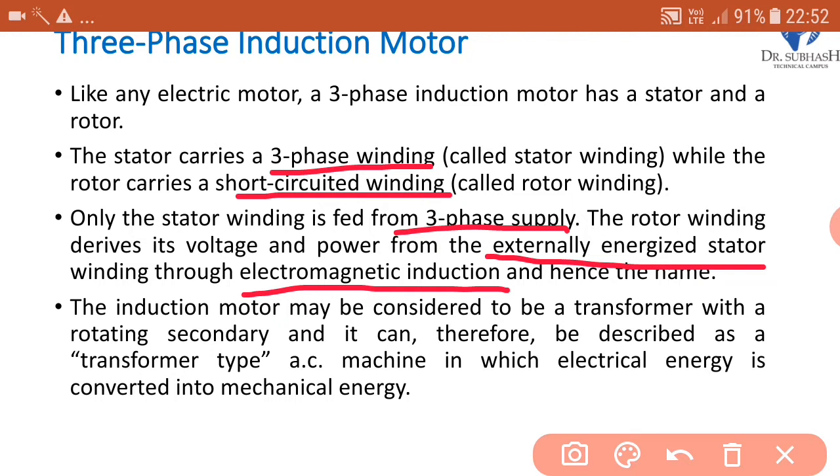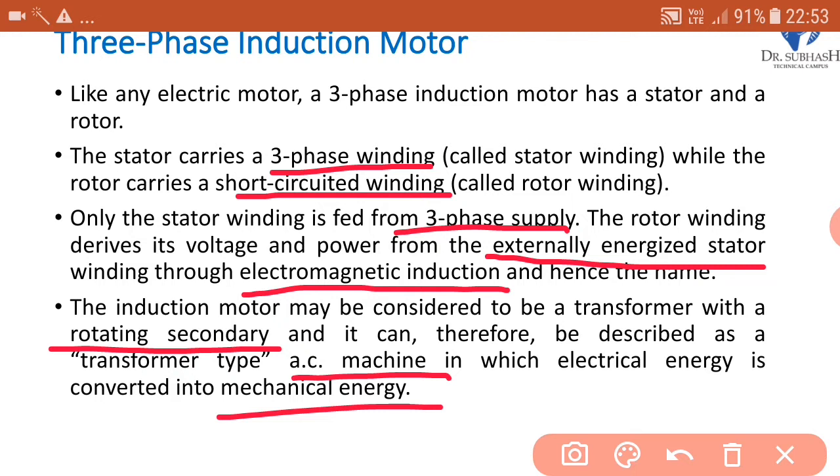The induction motor may be considered to be a transformer with a rotating secondary, and it can therefore be described as a transformer type AC machine in which electrical energy is converted into mechanical energy. So this is the basic principle of a motor, that is, electrical energy is converted into mechanical energy.